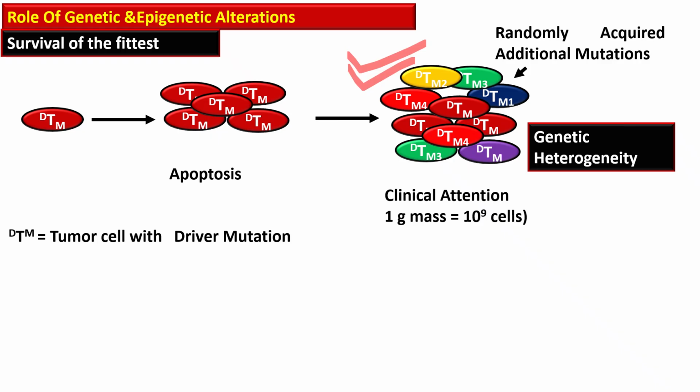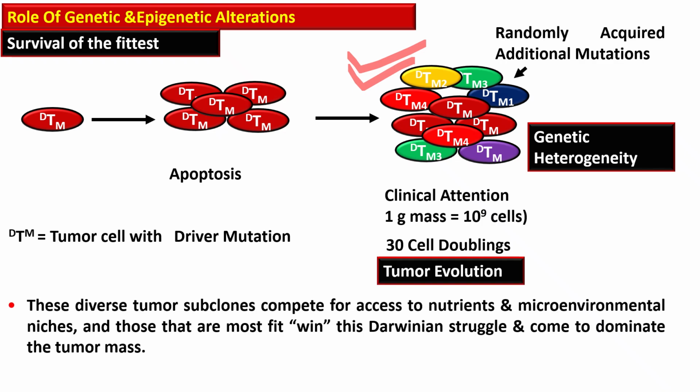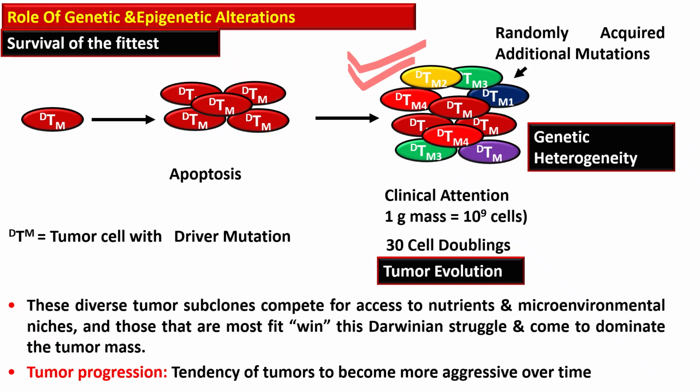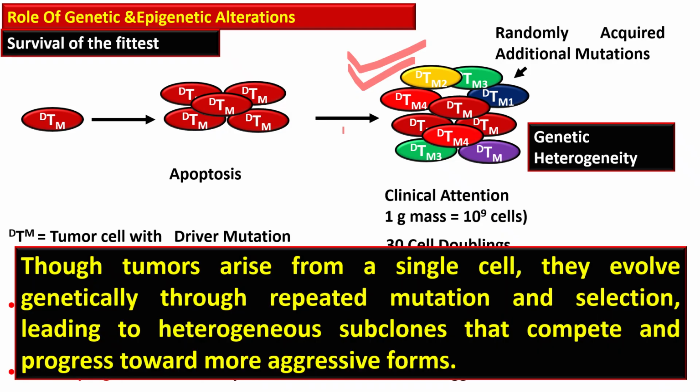This natural selection is a form of Darwinian evolution within the tumor. So the tumor becomes more aggressive over time. With the emergence of dominance, more dangerous subclones are formed, and this process is known as tumor progression.